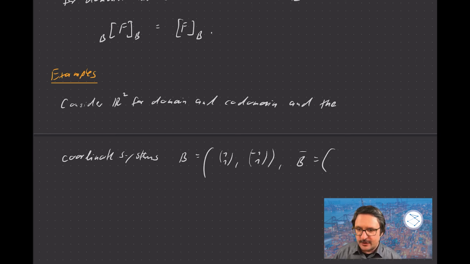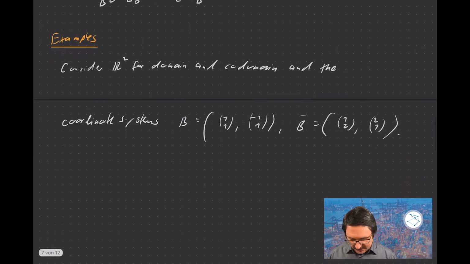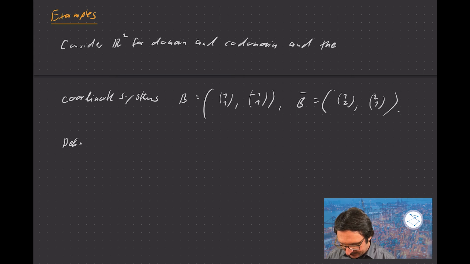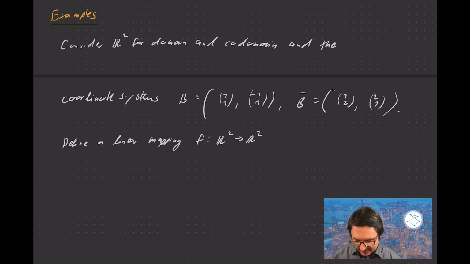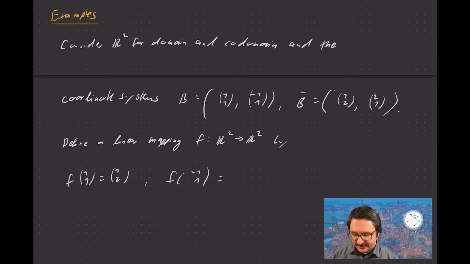And B bar for the codomain, and that is 1, 2 and 2, 1, just as an example. Then we define a linear mapping. Let's call it F from R2 to R2. And we'll define it by the images of the basis vectors in the coordinate system B. So we'll just say F of 1, 1 is defined as 1, 2. F of minus 1, 1 is defined as 2, 1.